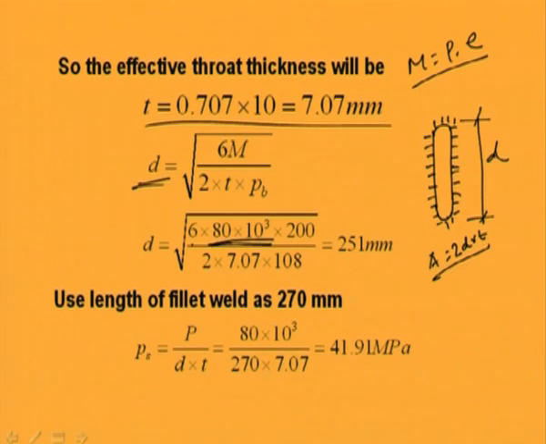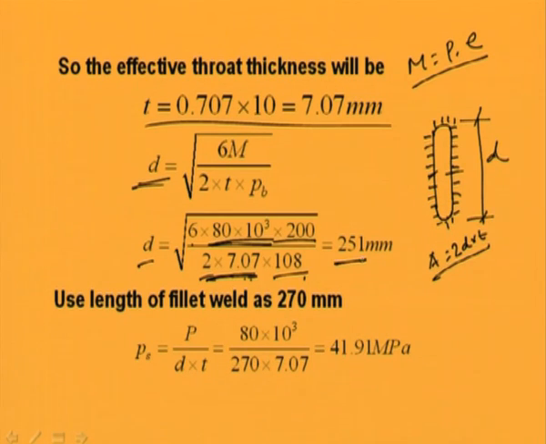So E is 200 mm. So 6M by 2T into Pb. Allowable stress is 108 MPa for fillet weld, and T is throat thickness, 7.07, and because of these 2 rows, 2T has been used, right. So D finally can be calculated from this equation as 251 mm.